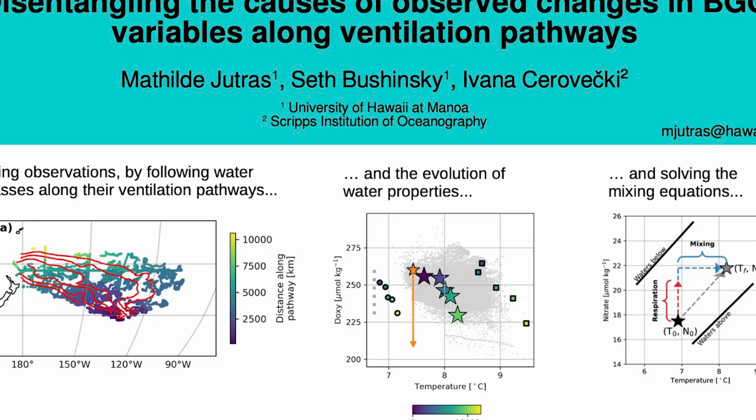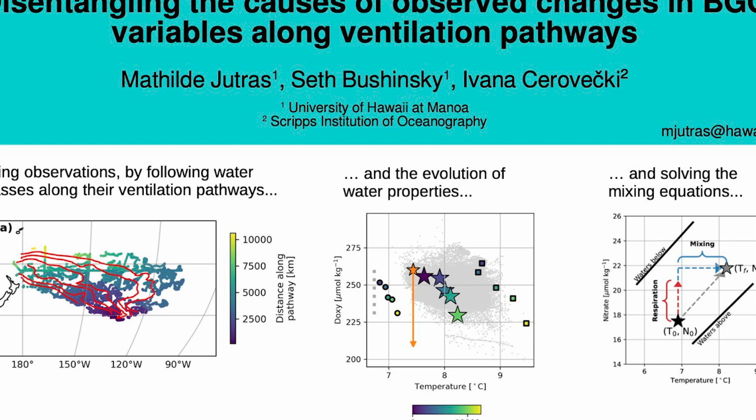Hi everyone, my name is Matilda and I'm a postdoc in Seth Bushinsky's lab at the University of Hawaii at Manoa. This poster presents some preliminary work in which we are following the evolution of biogeochemical variables along ventilation pathways based on observations, more specifically on the Argo floats, and we focus on mode waters.